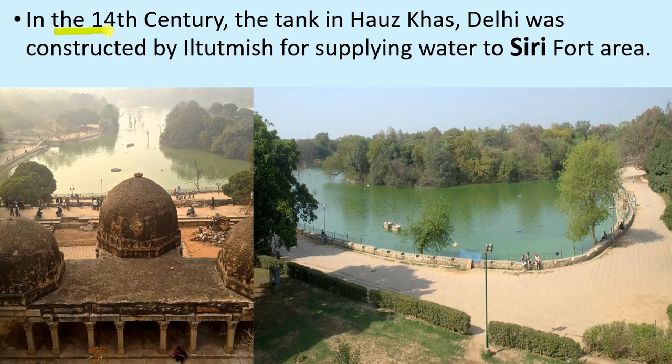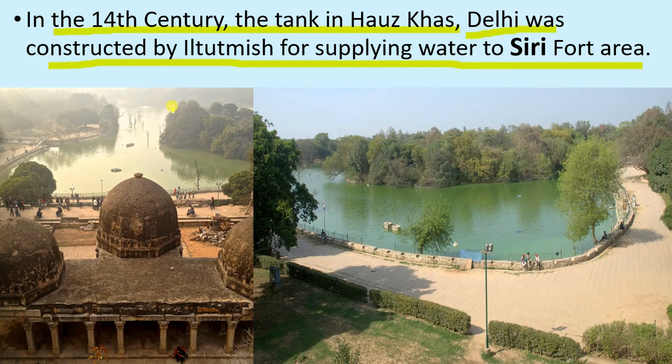In the 14th century, the tank in Hauz Khas, Delhi, was constructed by Iltutmish for supplying water to the Siri Fort area. This is the Siri Fort area, and the water was supplied to this fort area, and this Hauz Khas water reservoir was created by Iltutmish.